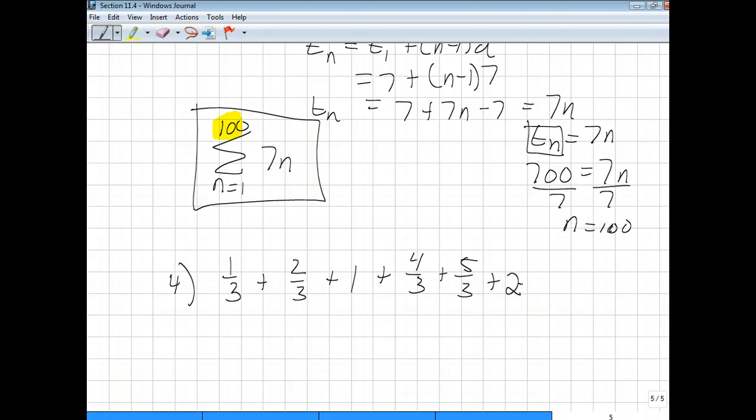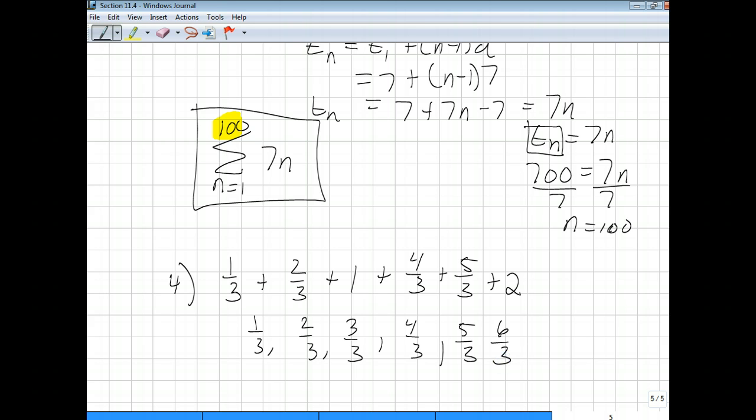So first of all, we want to write this in sigma notation. And so we want to see, first of all, is it arithmetic, geometric, or neither? Well, the related sequence is 1/3, 2/3, 1 is the same thing as 3/3, 4/3, 5/3, and 2, whoops, there should be a plus. 2 is the same thing as 6/3.